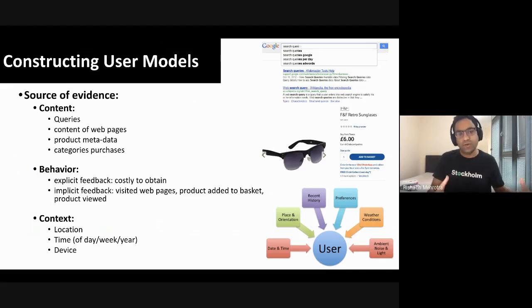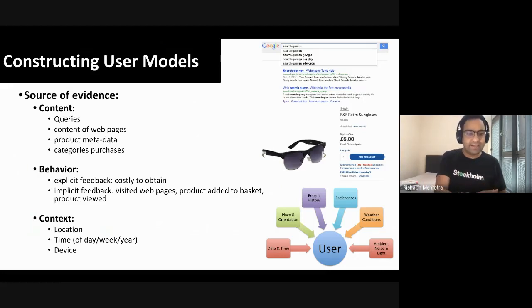So again, you can look at the content of historic interactions and then maybe extract topics or find different categories and create a vector of interest profile of the users based on the historic content they have interacted with.